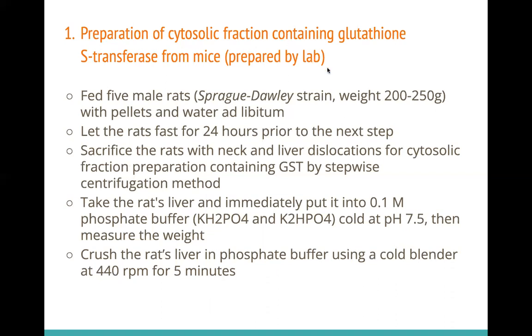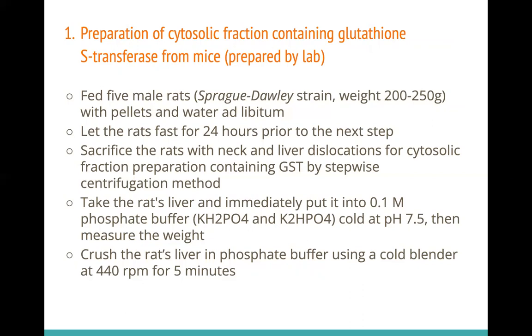So for the first preparation, the cytosolic fraction of the GST from rats, as we can read here, we need to feed male Sprague Dawley rats with a weight of 200 up to 250 grams, with pellets and water until they are full, and let the rat fast for 24 hours prior to the next step.